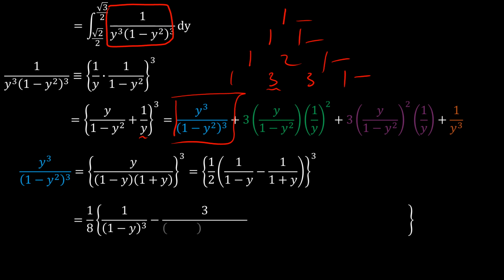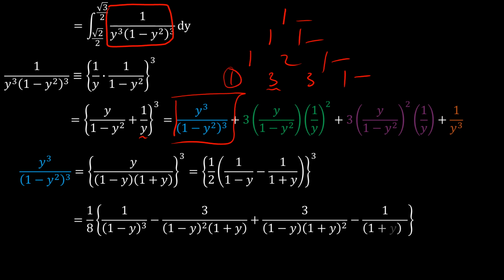So we pull 1 over 2 to the power 3, which is 1 over 8, and now 1 over 1 minus y cubed for the first part with the first coefficient, and then the next one is 3 times 3 over 1 minus y squared times 1 plus y, plus 3 over 1 minus y times 1 plus y squared, minus 1 over 1 plus y cubed.